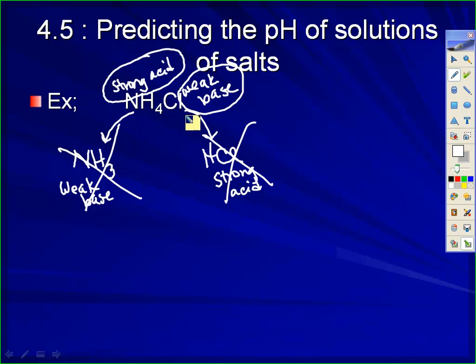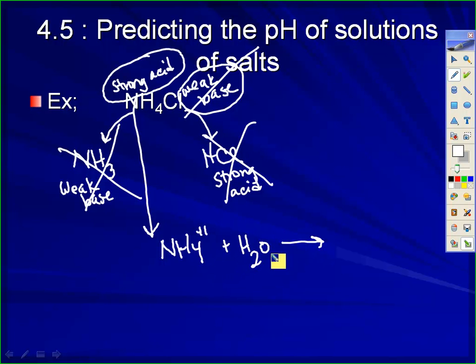So anything that's weak we can ignore, but anything that's strong, we need to show that reaction to see what happens. So NH4 is going to react with water. It's a strong acid.